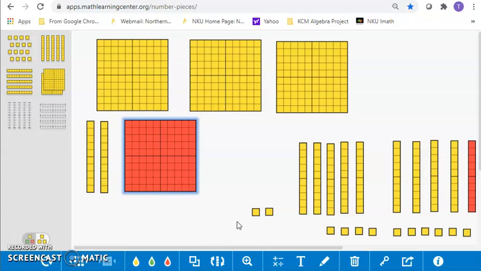There you go. So after doing all of my trades, what I'm left with is 4 flats or 400s, 2 longs, which is essentially 20, and 2 ones, which is 2. So we have to remember the expanded model of addition.